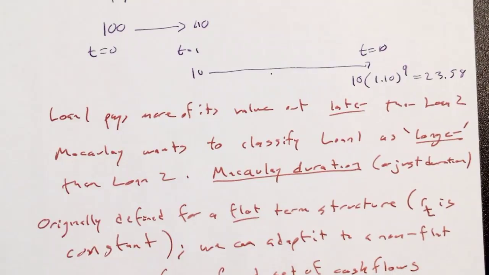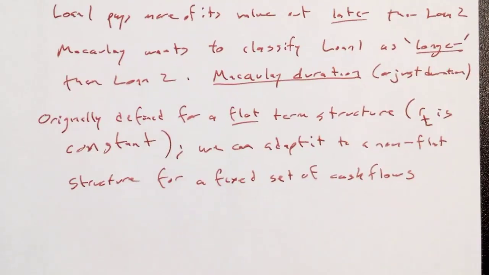Where would I have a fixed set of cash flows? Oh, I don't know. How about an annuity or a bond with coupons?